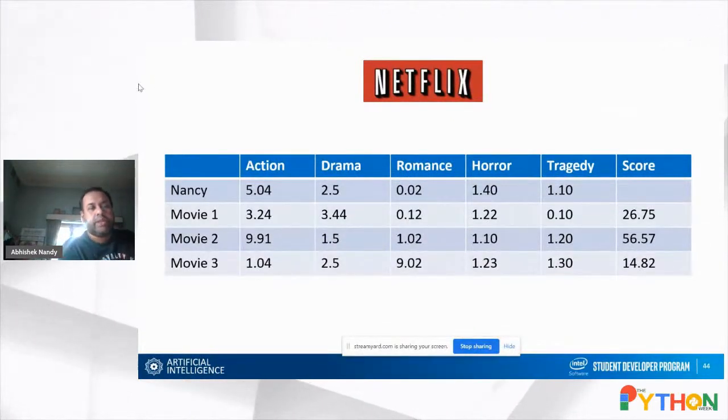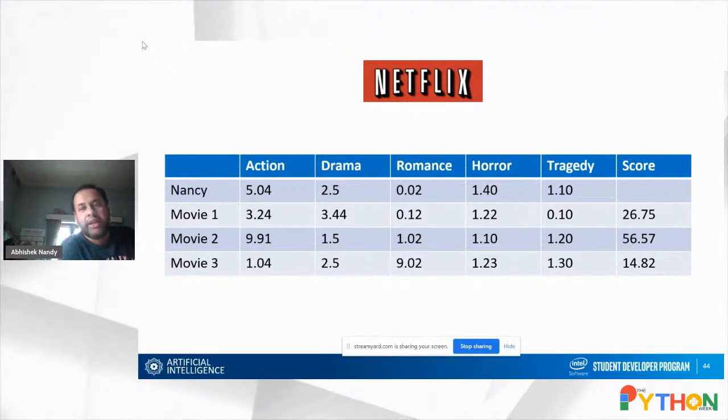If we go along the action sequence, there is a particular numeric fraction that is given to the action genre. So we multiply 5.04 into 3.24, and again we take the drama portion that is being added. So 5.04 into 3.24, then 2.5 plus 3.44, then we go along like this.